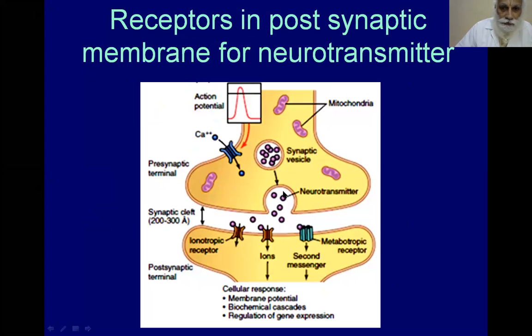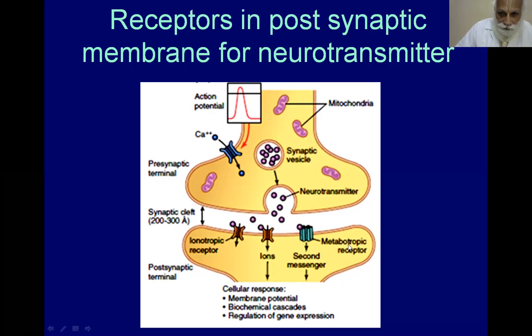So if you see this, the neurotransmitter is released by exocytosis, comes into the synaptic cleft, diffuses across the synaptic cleft, and binds to the receptors. Ionotropic receptors open the ionic channels, for example for calcium directly.